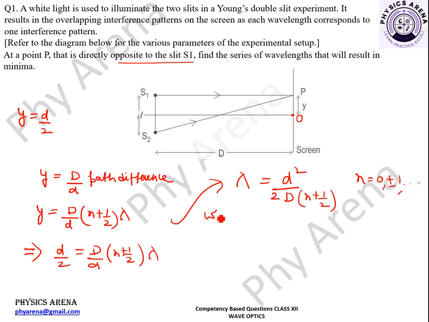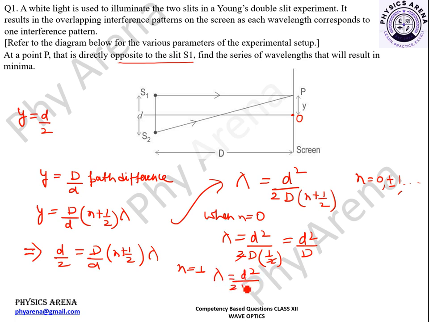So now when n is equal to 0, lambda will become equal to d square upon 2 times capital D multiplied by half, and that will be equal to d square upon capital D. Similarly, when n is equal to 1, lambda becomes equal to d square upon 2 times capital D, 3 by 2, because 1 plus half is 3 by 2, and then it becomes d square upon 3D.